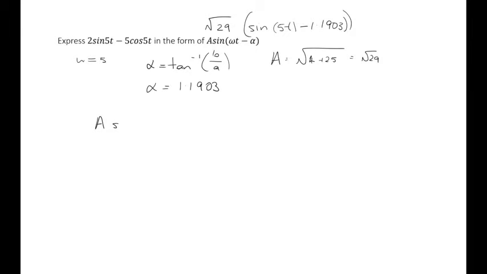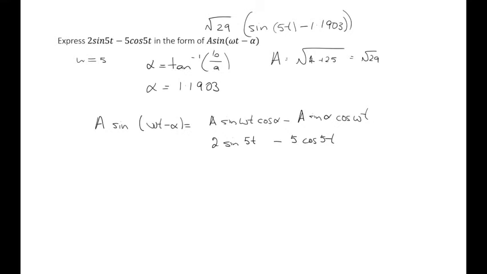A sine omega t minus alpha is equal to A sine omega t cos alpha minus A sine alpha cos omega t, and we're comparing that with 2 sine 5t minus 5 cos 5t.